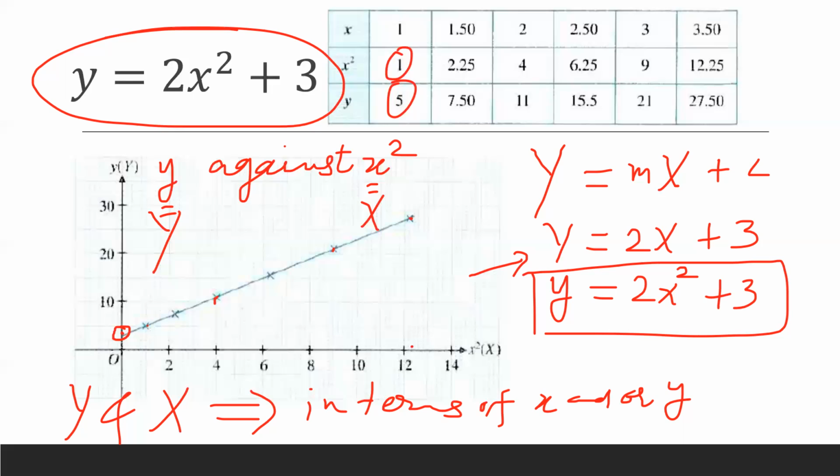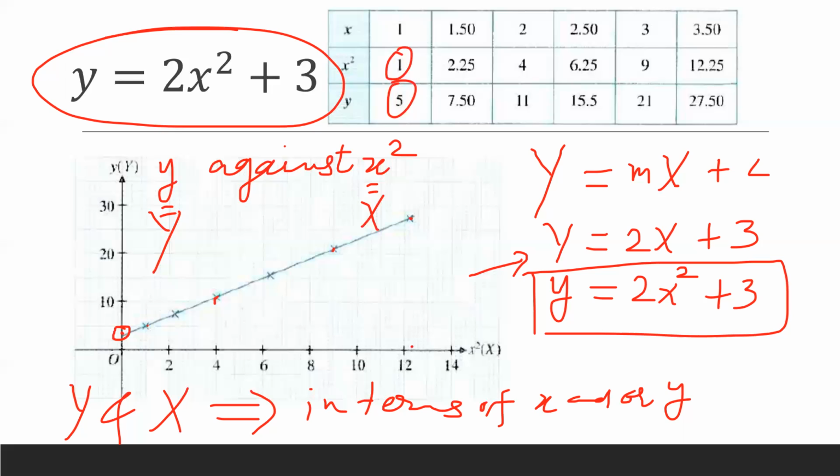But if they are not forming a straight line, what scientists usually do is predict some kind of relation. They might predict, okay, this looks like it might be quadratic or cubic. So they assume that particular formula, and just to know whether it's right or not, they will convert that into straight line form and then cross check with some other values.